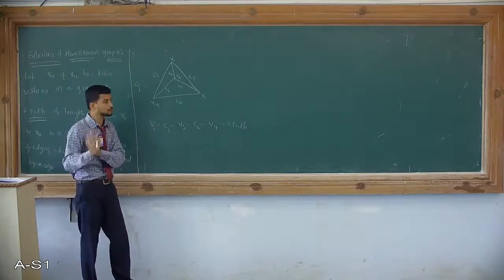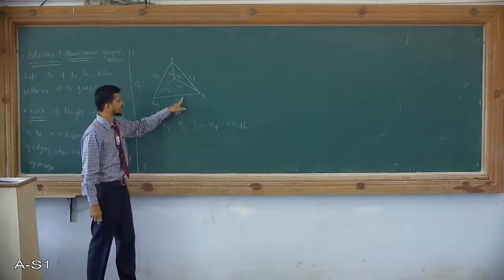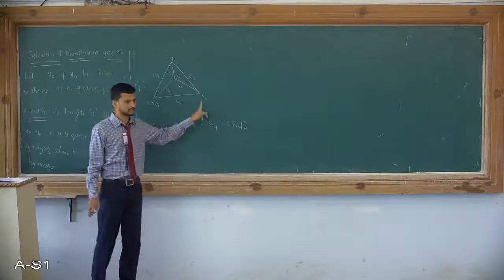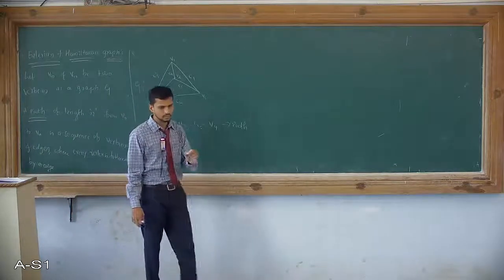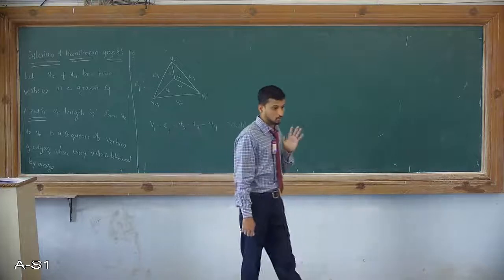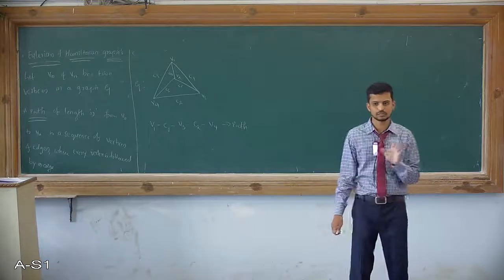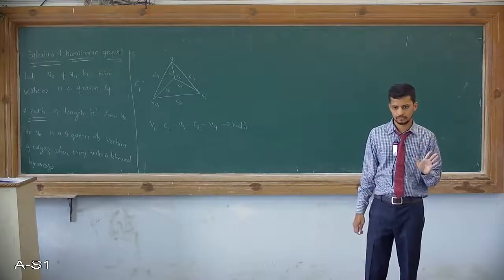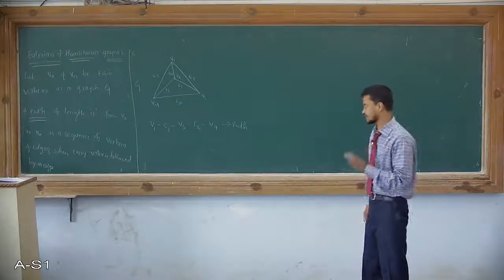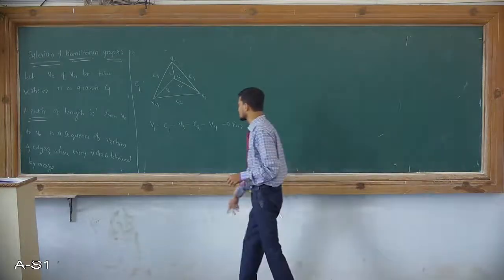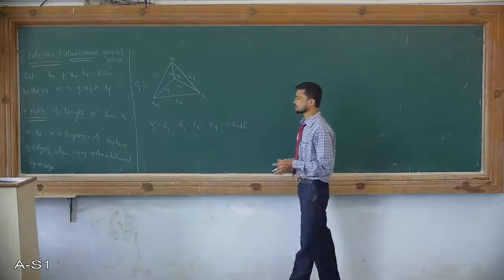We can't end with an edge, because every edge is connected with 2 vertices. We have to start with a vertex and end with a vertex. We can't start with an edge or end with an edge. If you are saying a path, you have to start with a vertex and end with a vertex.